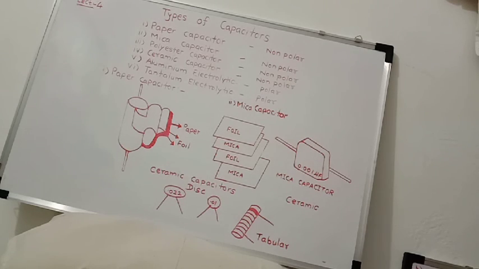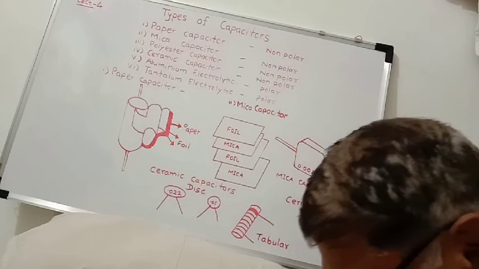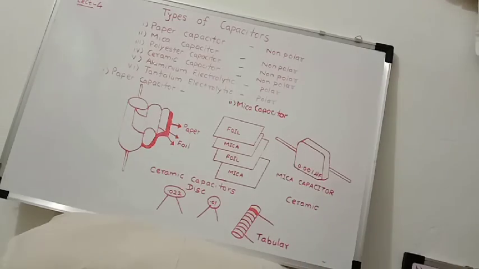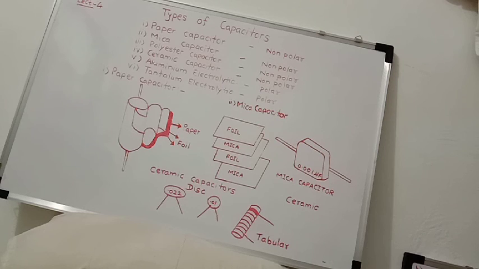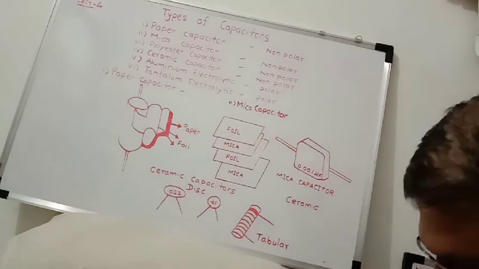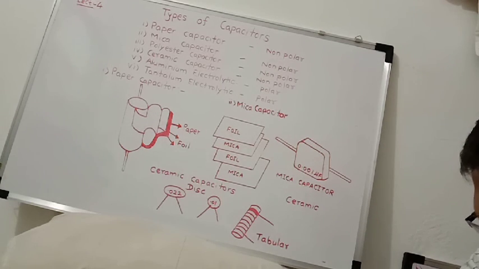Now, another type: the tantalum electrolytic capacitor. This is another type of electrolytic capacitor. It is also a polar capacitor, and here tantalum is used instead of aluminum.